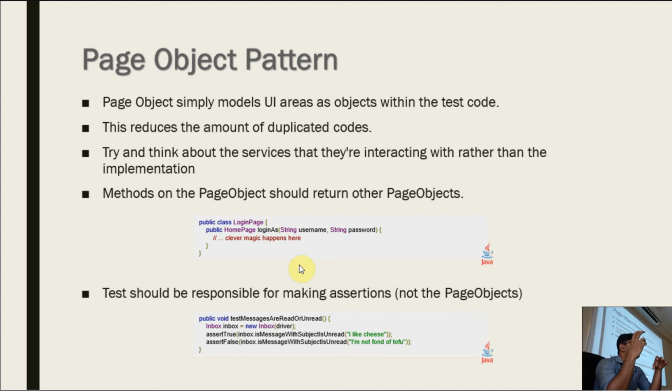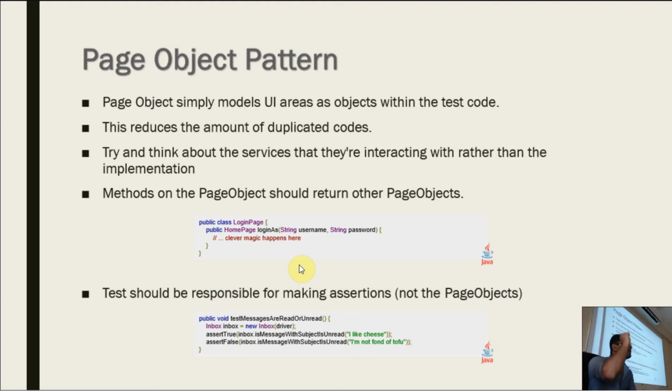Every time we need to navigate from the menu item to the report section, we can ask the menu object to do some action, select a menu, and it should return the page object.